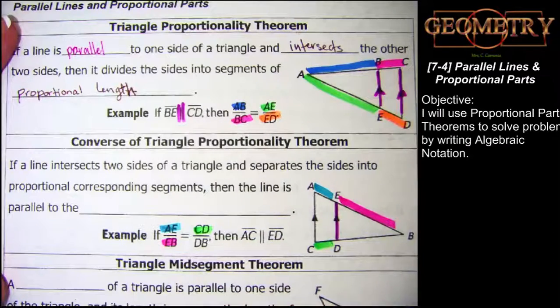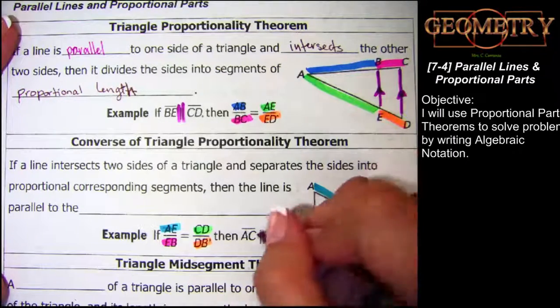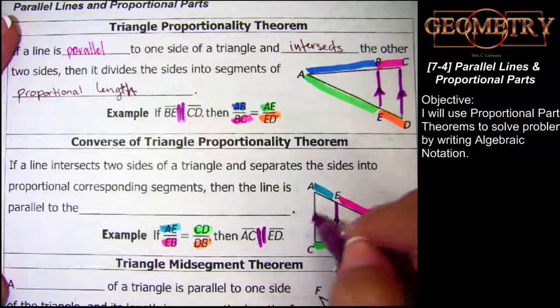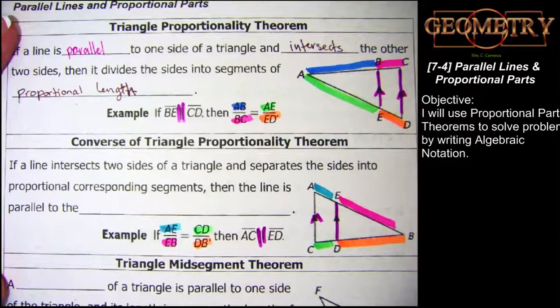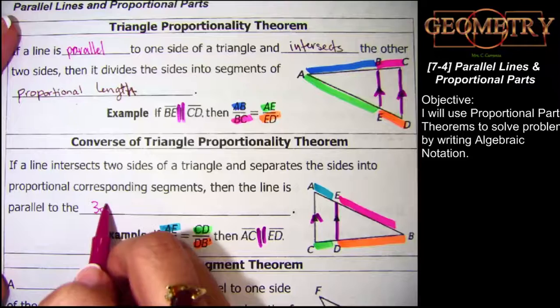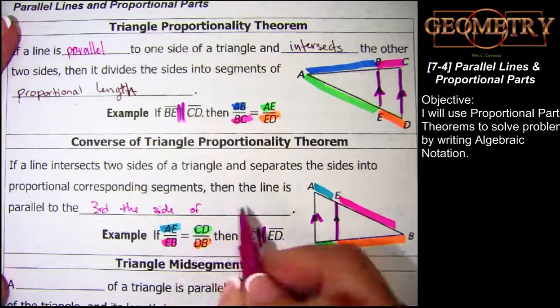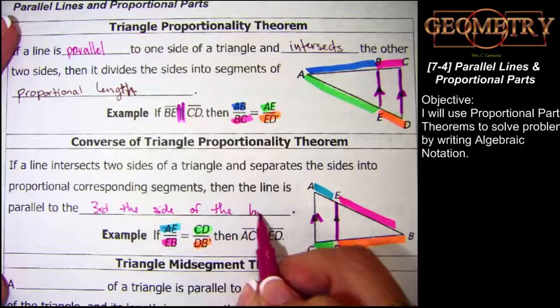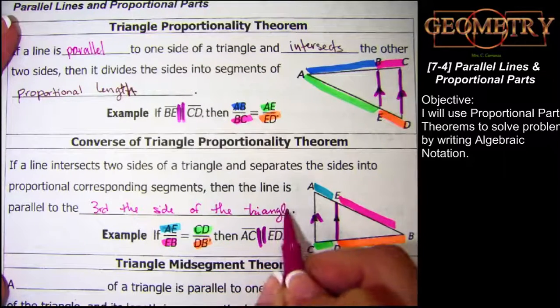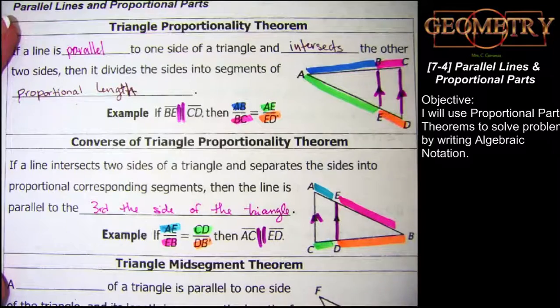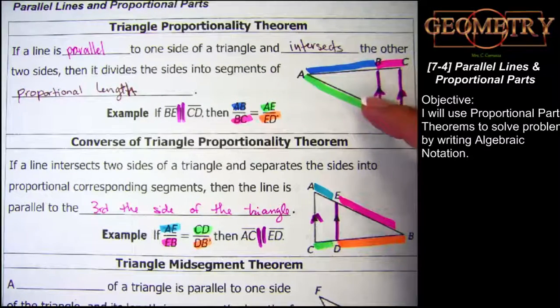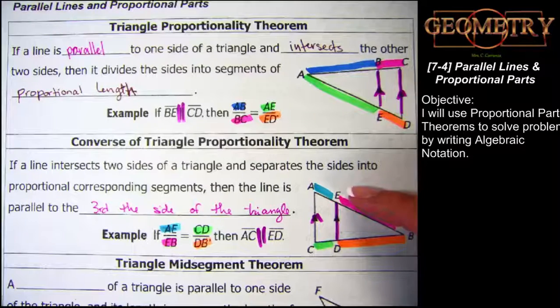So one of these has where the lines are parallel gives us a proportion, and here we have a proportion being able to give us that they're parallel. So this one we use to do our calculations, and this one we'll use to do our proving, basically.